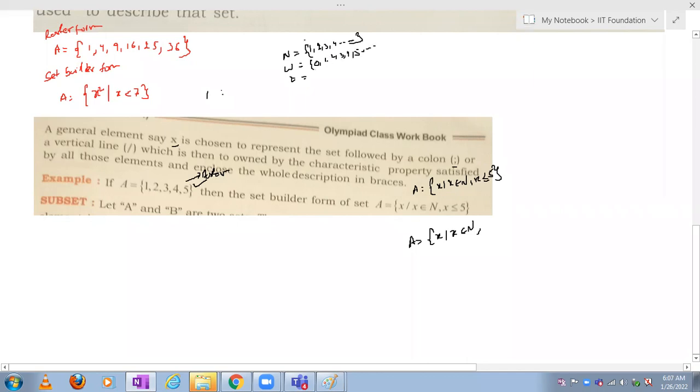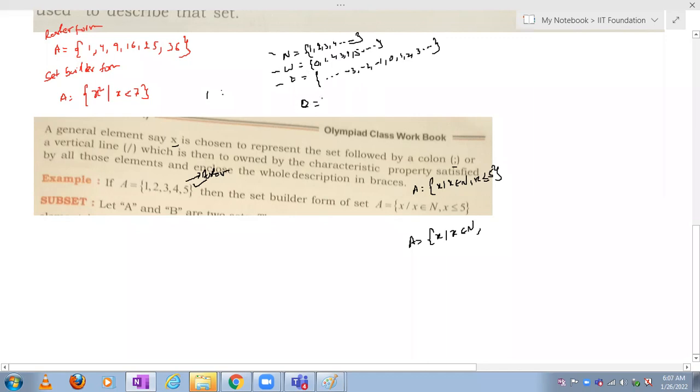While describing in set builder form, the standard sets we have to mention: -3, -2, -1, 0, 1, 2, 3. These are integers. Natural number set, whole number set, integer set, and then comes the rational numbers.